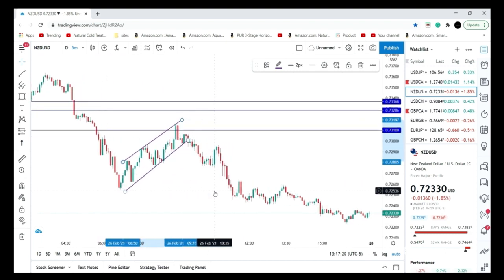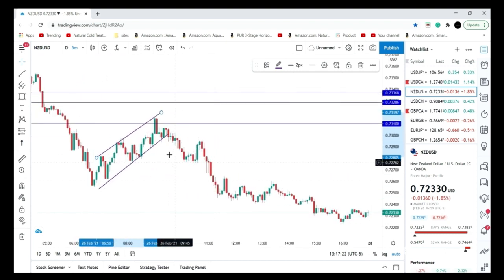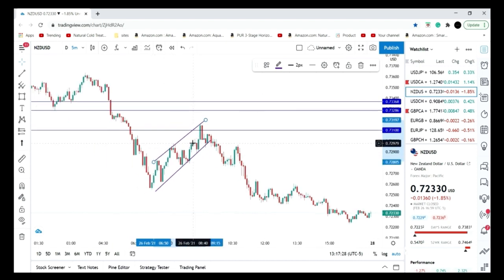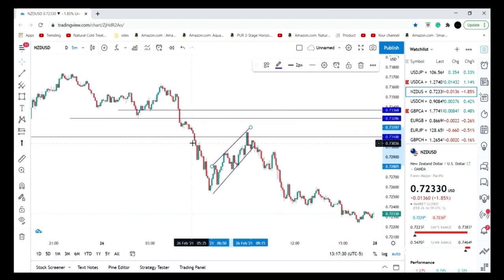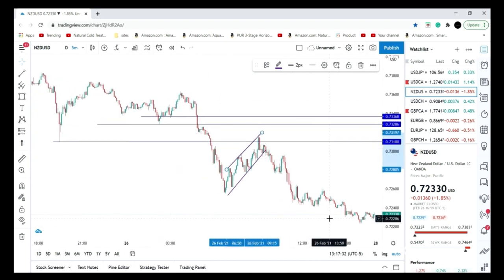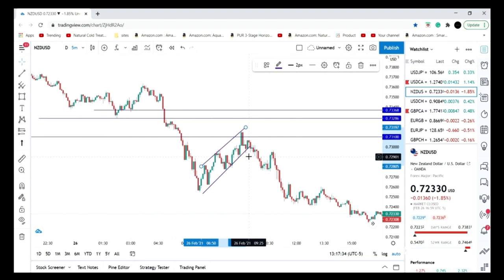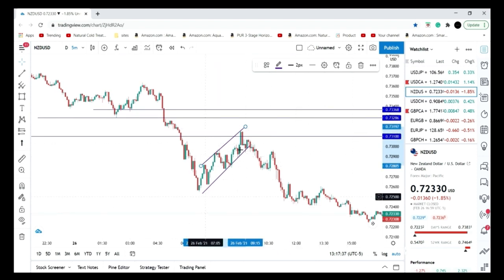Now, strong trends, sometimes I will hold if it comes back to break even. If it's not a strong trend and the market looks sloppy, I won't hold for the break even.